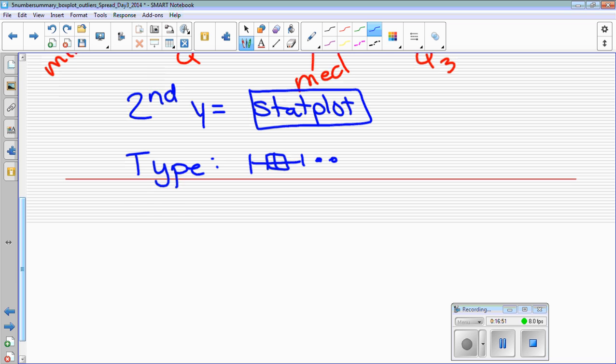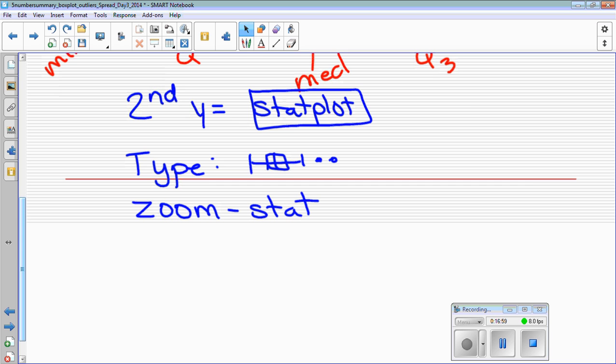And then you'll have to go to zoom and then stat, which I believe, depending on the version of the calculator, is zoom 9. But let's double check. Yes. Zoom 9. Okay? So here we go.